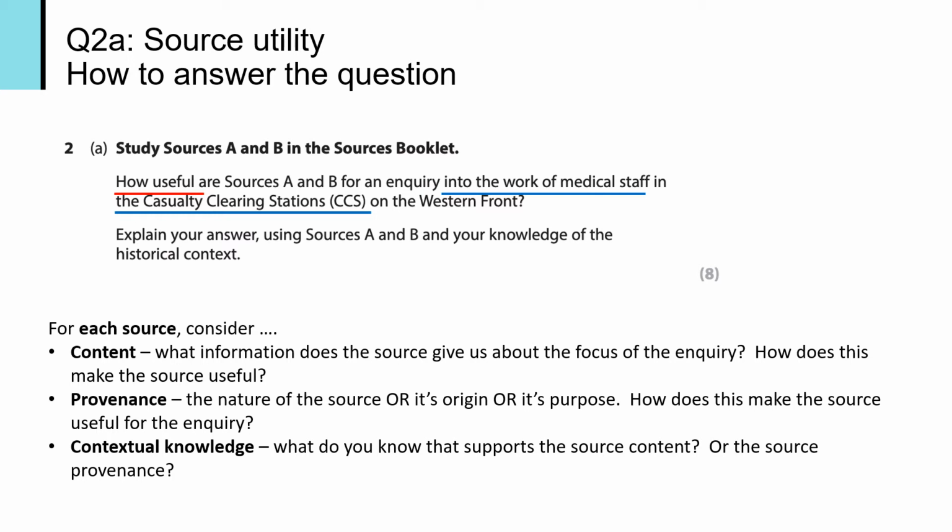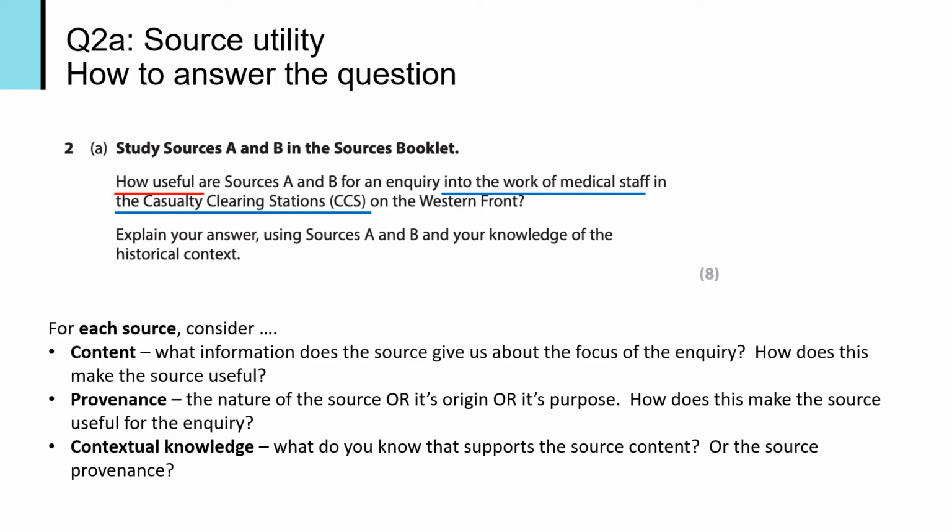So think about what information the source gives us about the focus of the inquiry and how this makes the source useful. You should also try to use the provenance. This can include the nature of the source, or its origin, or its purpose, and go on to explain how this makes the source useful for the inquiry.